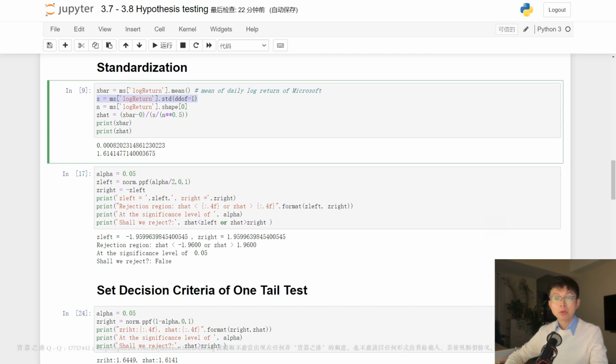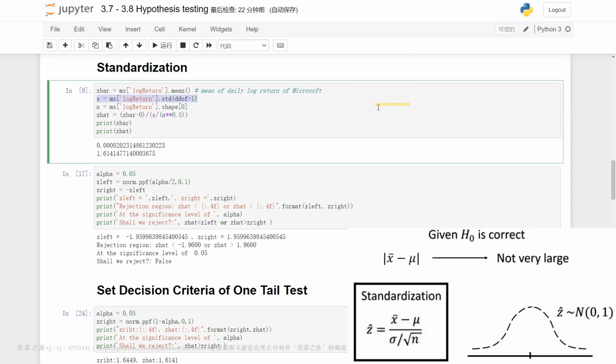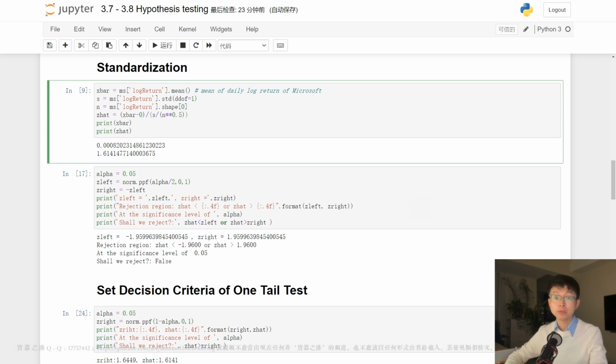If we know the population standard deviation, the standardized sample mean is denoted as z hat, and we use the z distribution if the population is normal or if the sample size is large. If z hat is far away from zero, the null hypothesis is not likely to be true.